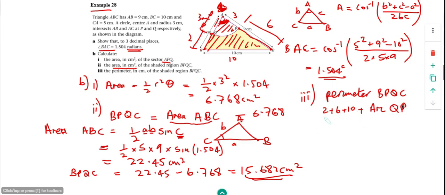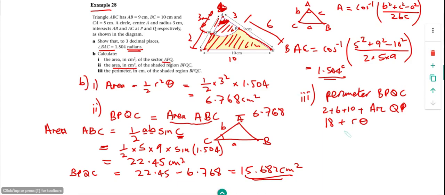So we can use the formula for that one. The formula for the arc length is that it's just r theta. So we've got, adding them up, 18 plus r theta.